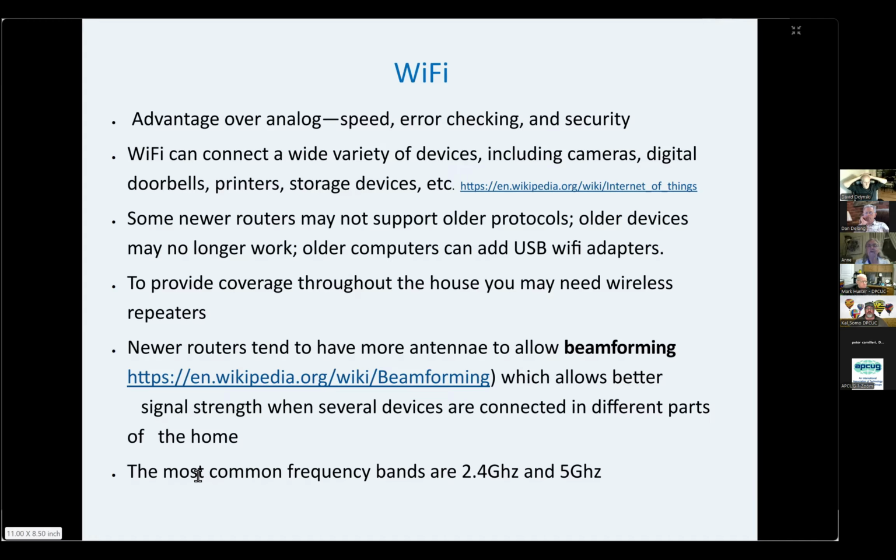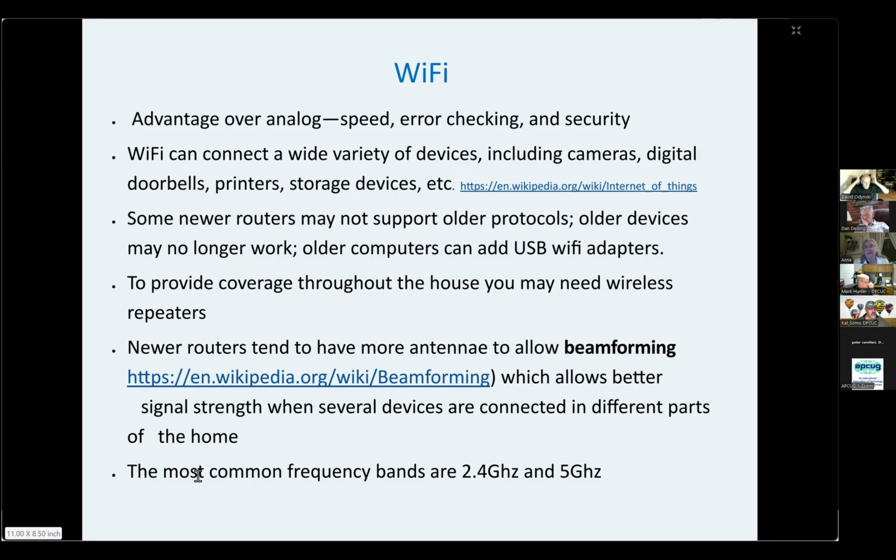So I had not heard of this term called beam forming. There's a Wikipedia article about it, but it's quite long. But anyway, beam forming is why your router has all these antennas. By using the antennas, it can shape the Wi-Fi signal and send it off in a specific direction if it determines that that's where the user is asking for the signal from.